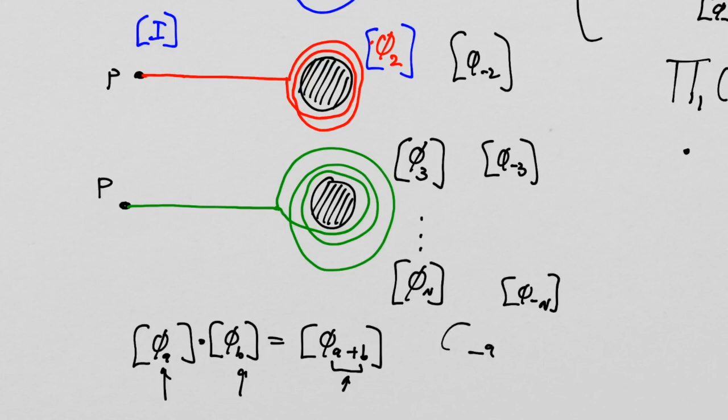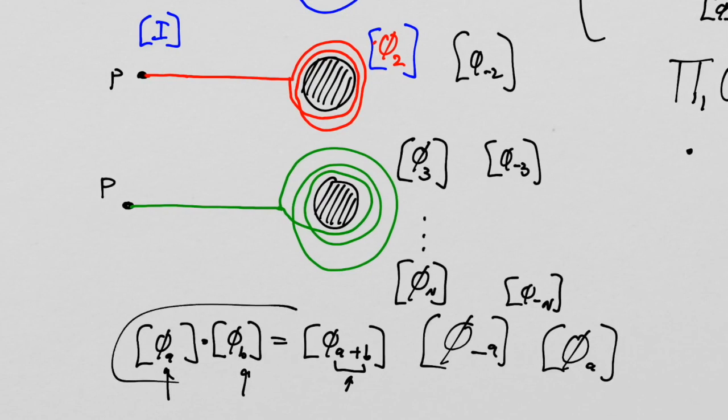Phi minus A is the equivalence class of all loops that are backwards traversals of all the equivalent members of the equivalence class of phi A. So this whole process is just adding numbers.